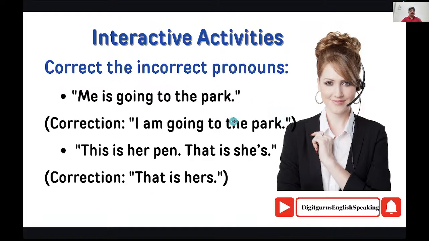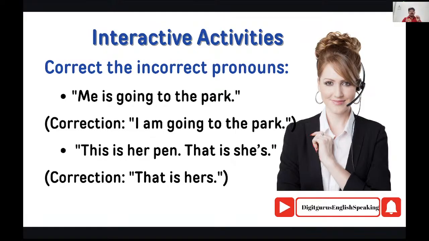Okay. The next activity will be to correct the incorrect pronoun. Now, many times we use incorrect pronouns. Sometimes I want to say, Radha is a girl. This is his pen.